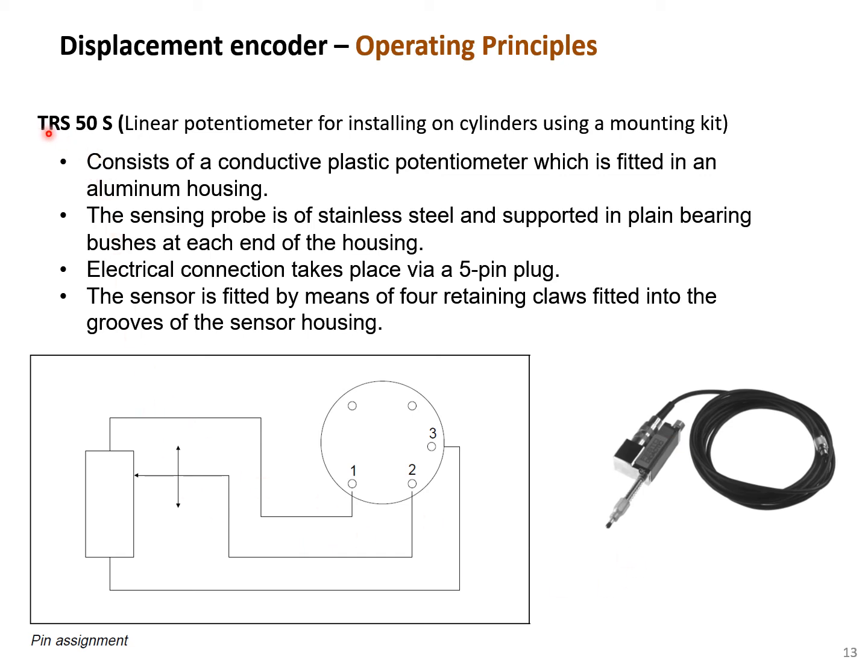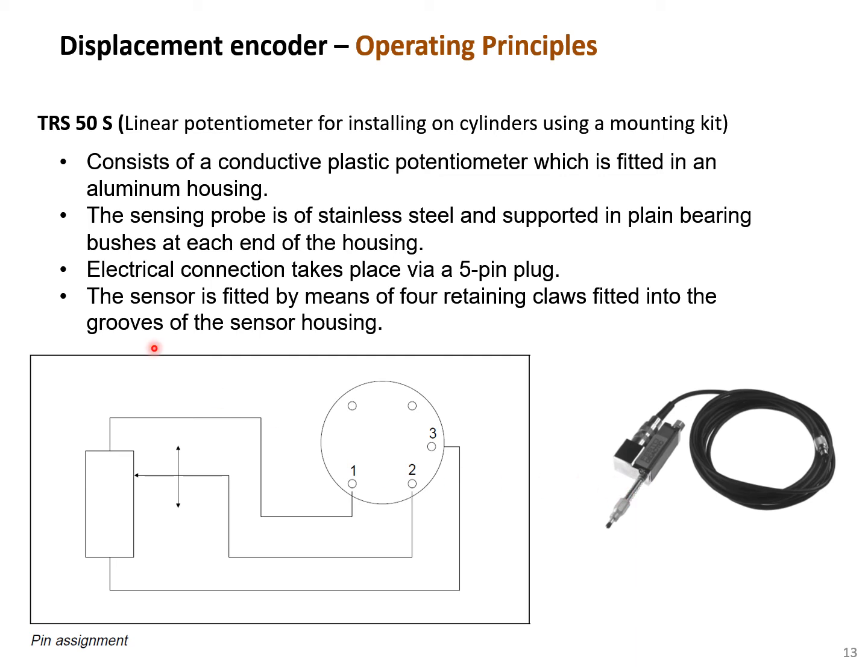The type we have on the MPS 500 is a TRS 50S, a linear potentiometer for installing on cylinders using a mounting kit. If you refer to the videos of the MPS 500, you could find it on the testing station, where at the top of the elevator, the thickness of the object could be measured, or at least checked, by this type of sensor.